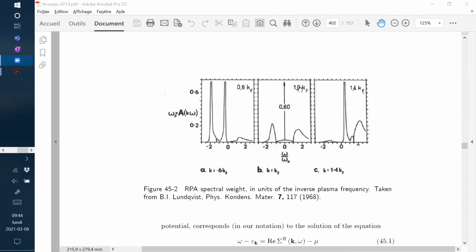So there's a delta function at the Fermi wave vector, at zero frequency, whose weight is 0.6. And I think this is for RS equals 5, but I have to check in the original literature. I don't remember exactly. And these peaks are related to plasma resonances. So the threshold here is when you hit omega equals omega p.